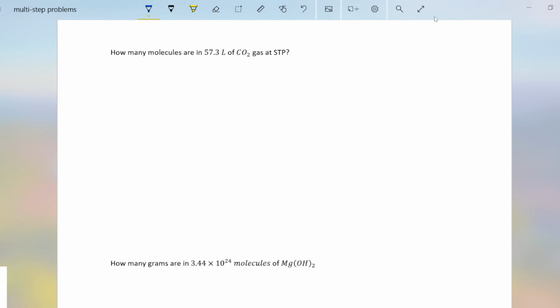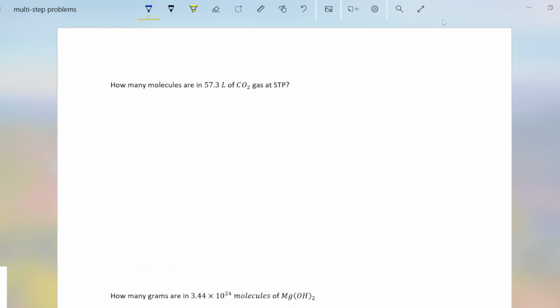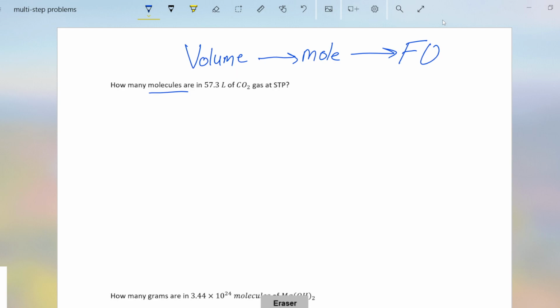First question says, how many molecules are in 57.3 liters of CO2 gas, so carbon dioxide? We are starting off on Liter Island because the number that they give us is 57.3 liters. So that is Volume Island. And to get to where we want to go, which is FU Island, we need to go from Volume Island to Mole Island, and then from Mole Island to Formula Unit Island.